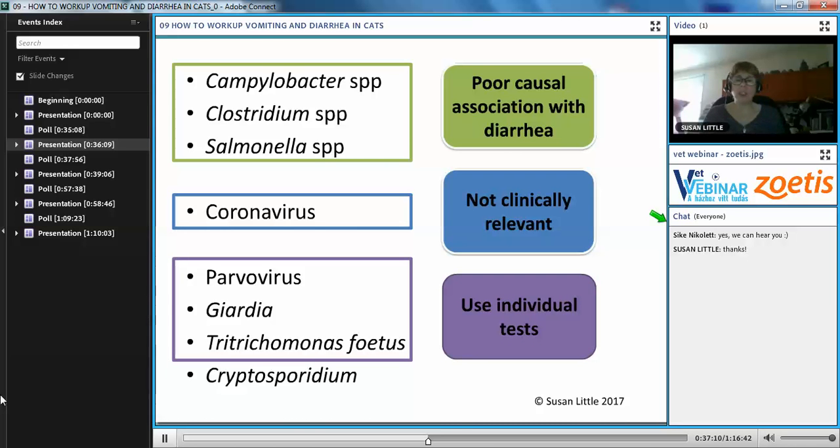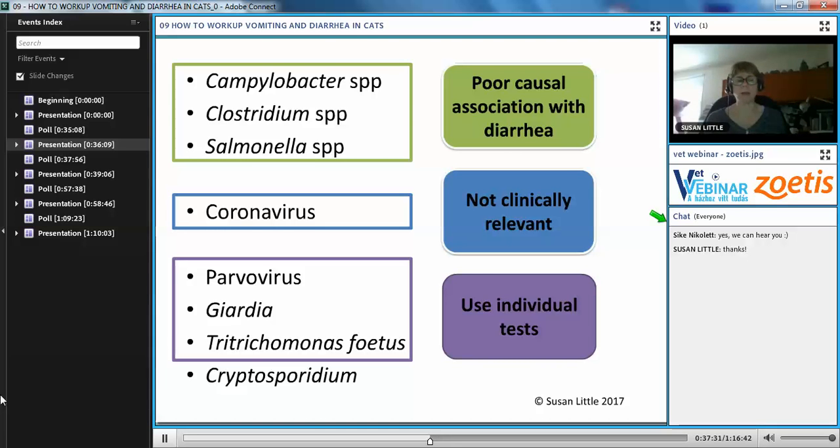And then we do have another group where we actually have individual tests, and you might be better off, depending on your patient, to say, I'm very worried about parvovirus in this acute patient, so I'm going to run a parvovirus test. Or I'm more suspicious of Giardia or Tritrichomonas, and we might be better off just to run the specific tests.